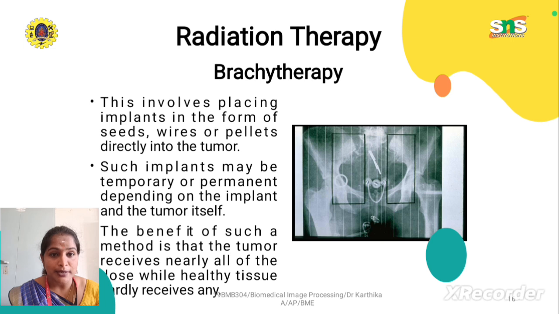Here, brachytherapy is mainly used to treat cancers in a final stage. Actually, it gives rays only to the tumor place, and healthy tissues hardly receive any of the rays.